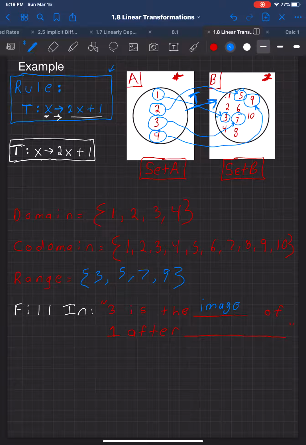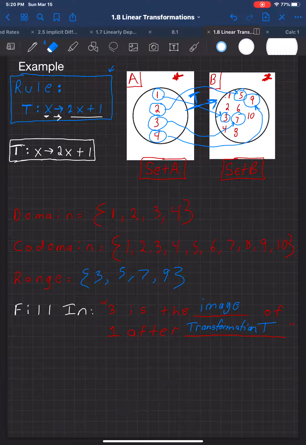It is the image of 1 after transformation T. This is the number 1, and when the number 1 looks in the mirror, the image that he or she sees is 3 after transformation T. That is the image of itself from that transformation. I hope that makes sense.